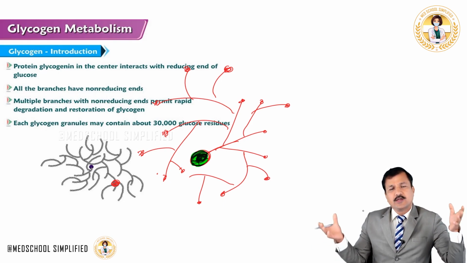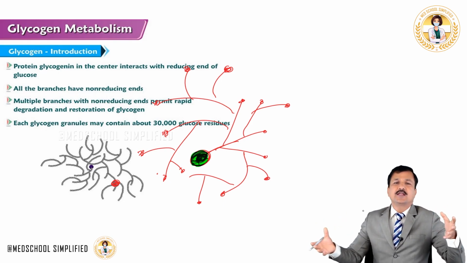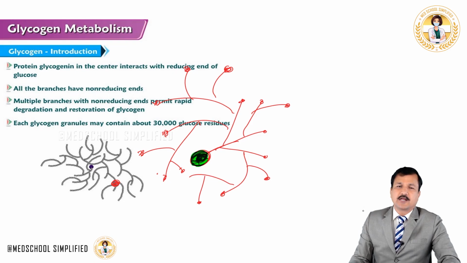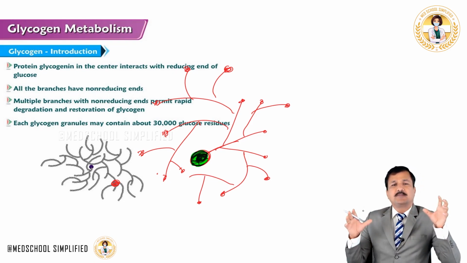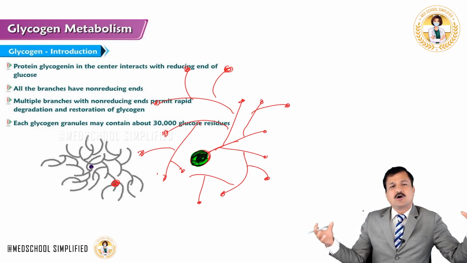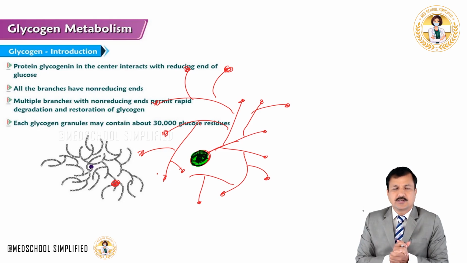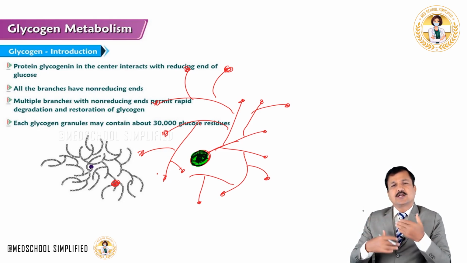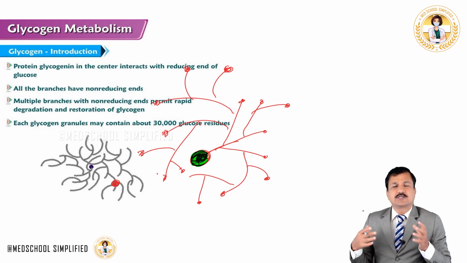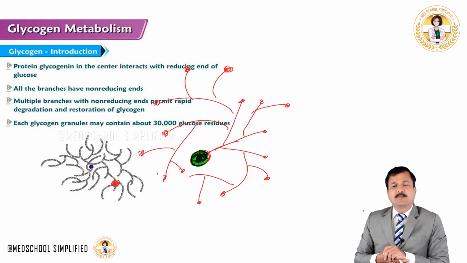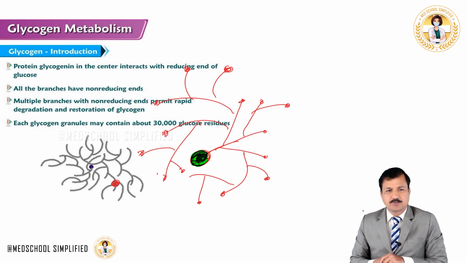And also, when partially degraded glycogen is there, restoration of that glycogen, like remaking it back to the normal form, can be done easily, because all these branch points can be simply elongated to bring it back to the original structure. So rapid degradation and rapid restoration of glycogen is made possible by having a higher number of branch points.